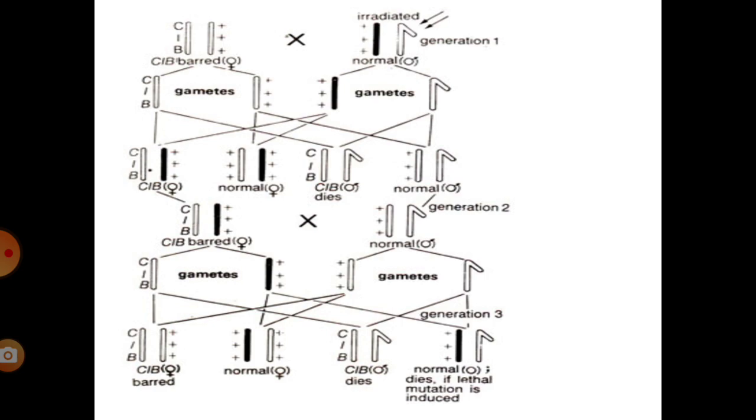Alright. So in this plate, this is what is explained. The F2 generation has no males, there are only females, and 50% of the females have normal eyes and 50% of them have bar eyes, which means that they have the CIB X chromosome.